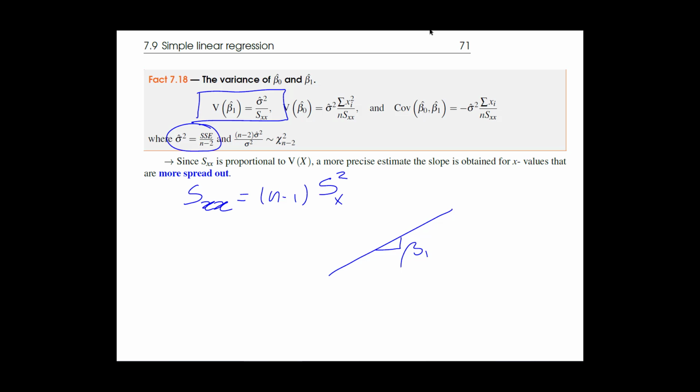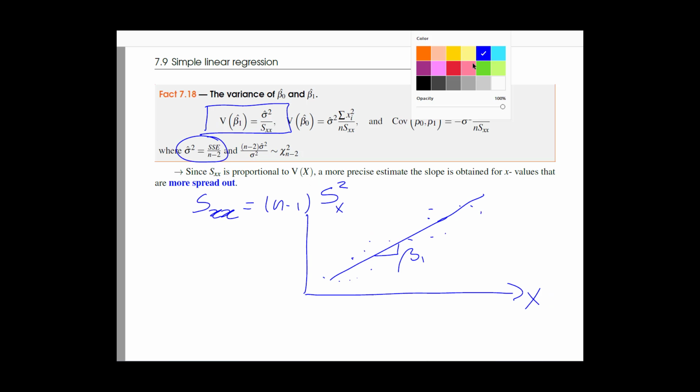Okay, which means that if the variables x are very spread out, like if the data were like this, reasonably well spread out, you would obtain a lower variance of beta 1, which is good. But if the data were not spread out, like if the data were all clumped together in a little area like that, the range of x is very small, so the variance of x would be very small.